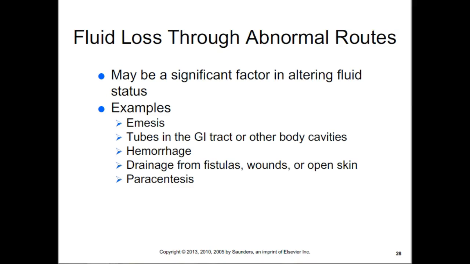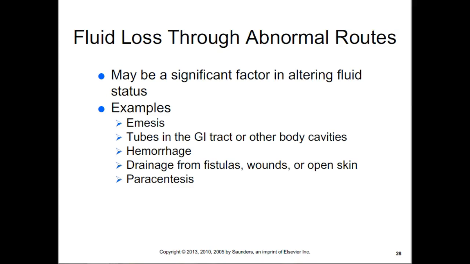All right, so fluid loss through abnormal routes may be a significant factor in altering fluid status, in things like throwing up, tubes that might be attached to the GI tract, other body cavities, and hemorrhage.